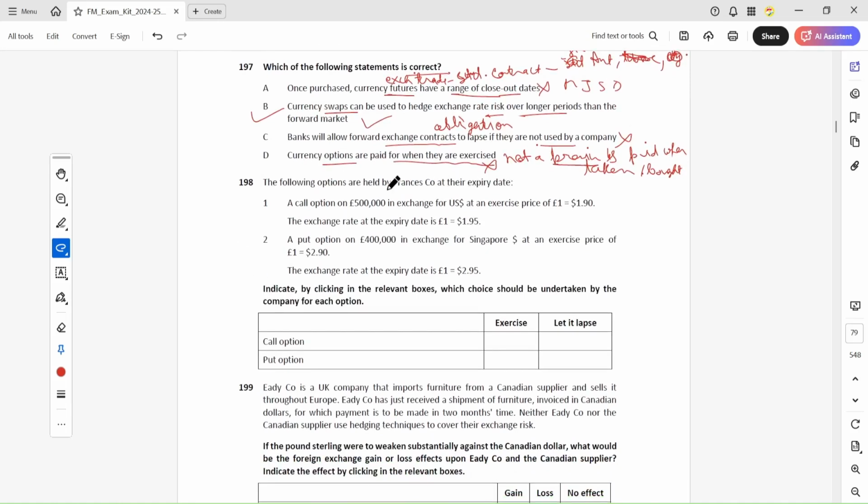198. Which of the following options are held by Francis company at their expiry date? A call option means the right to buy.